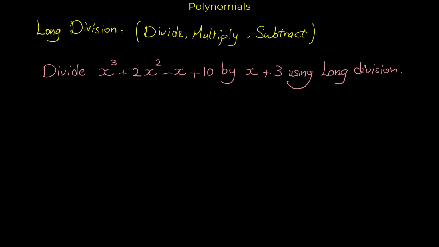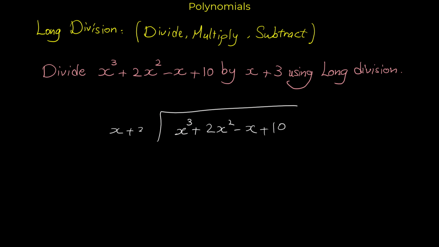For dividing a polynomial by another polynomial with the long division method, the process is this. We write the dividend. The polynomial that we want to divide is the dividend. And the polynomial that we divide it by is the divisor. The divisor is x plus 3.